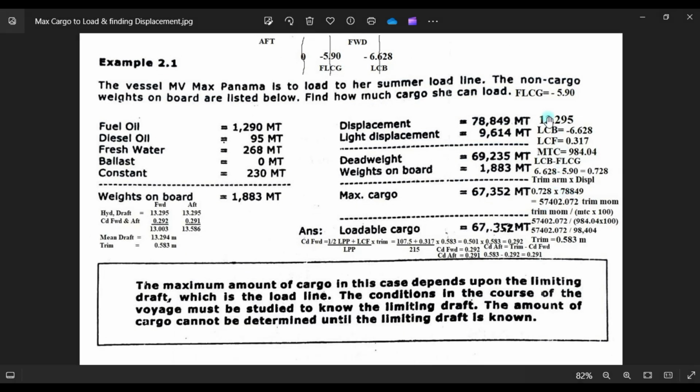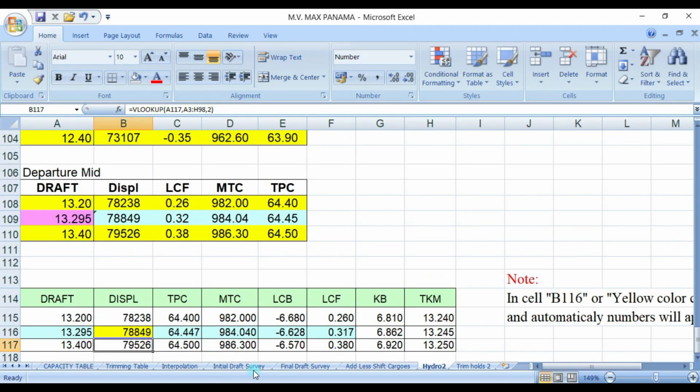What will be the values with this draft? What will be the values of LCB, LCF, and MTC?